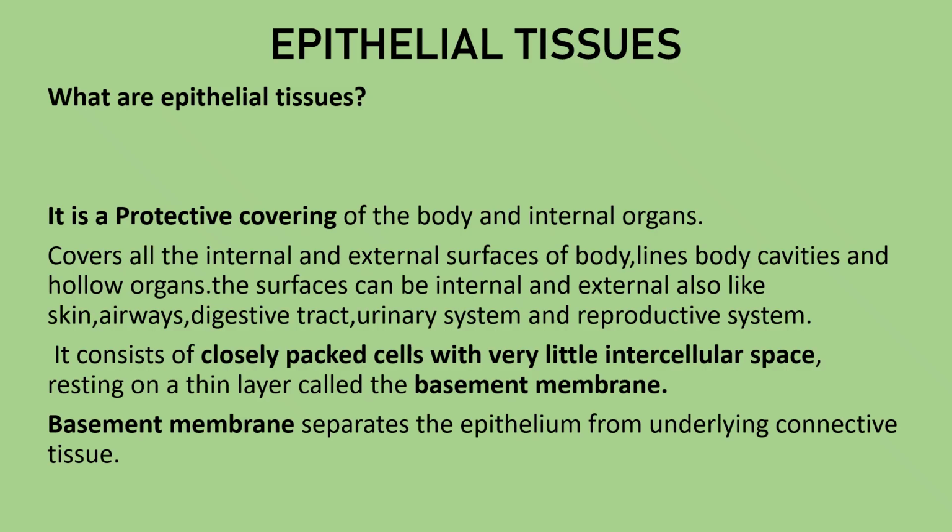It also lines the body cavities and hollow organs. The surfaces it lines can be internal and external. Skin is lining the external surface. Airways, digestive tract, urinary system and reproductive system are all internal surfaces.